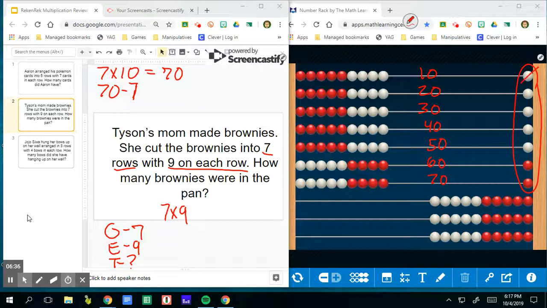It'll be 69, 68, 67, 66, 65, 64, 63. So 70 minus 7 equals 63. So that means that there were 63 brownies in the pan.